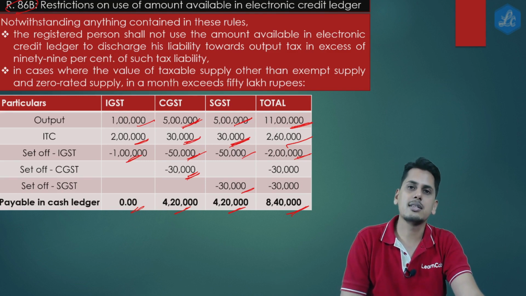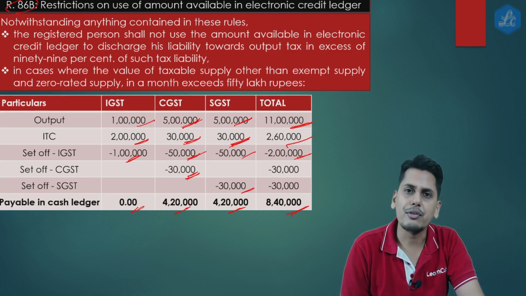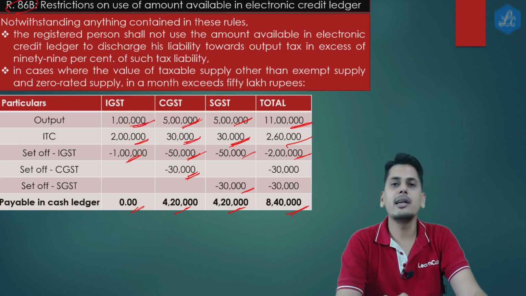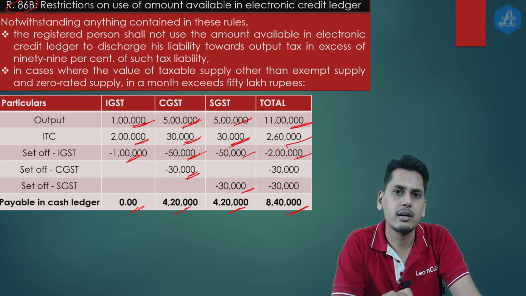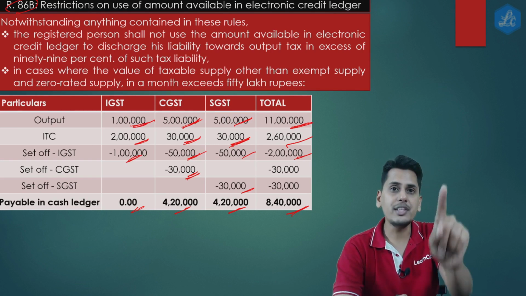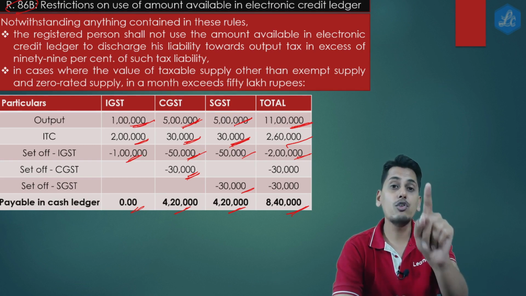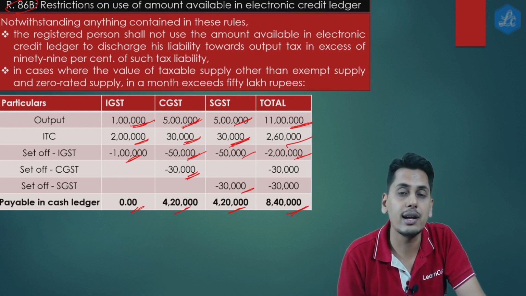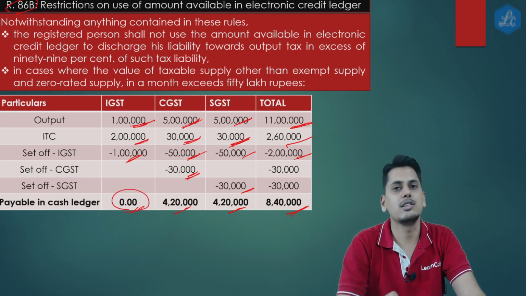The officer says, please look carefully. What is your IGST liability? 1 lakh. How much have you paid to discharge this IGST liability of 1 lakh from your cash ledger? 0.